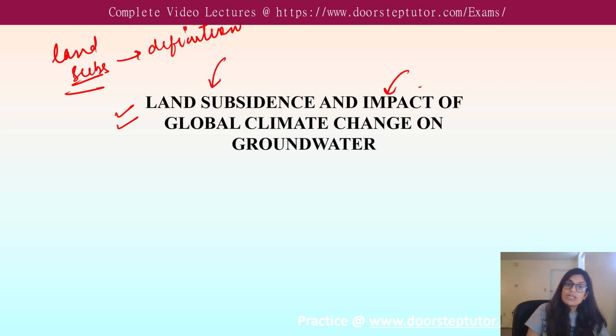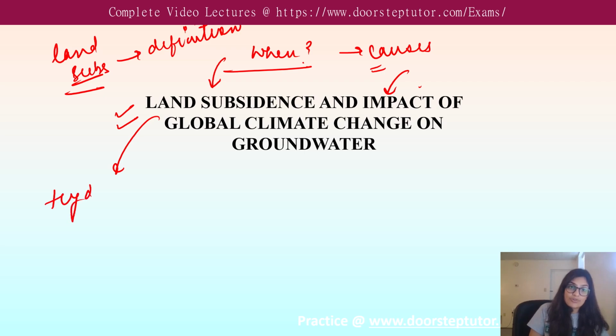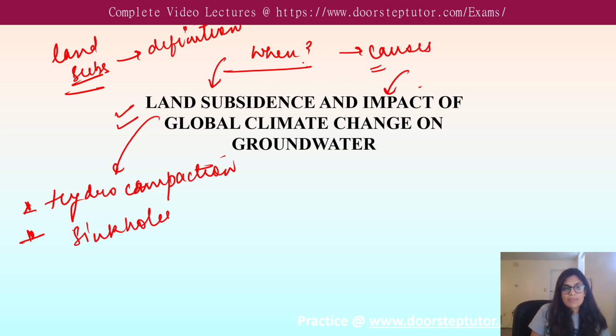Then we are going to discuss the causes, its association with hydrocompaction, with sinkholes, and with dewatering of organic soils, because all of them are associated with lowering of the piezometric surface.